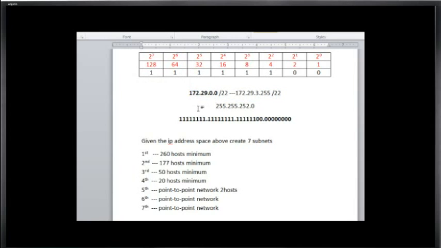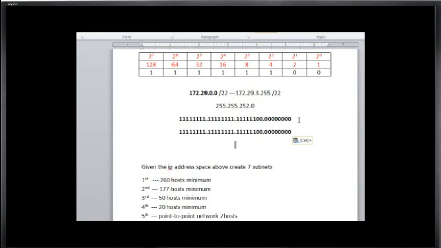All right, so now how do we do that? Right now with a /22 subnet mask, how many hosts are in this network from 0.0 to 3.255? Well, we can figure that out pretty easily by looking at this example I'm going to show you right now. If this was a traditional 24-bit subnet mask, it would look like this. That would be /24. And in a /24 network, you've got 256 hosts. Every 0 that you add, the hosts double.